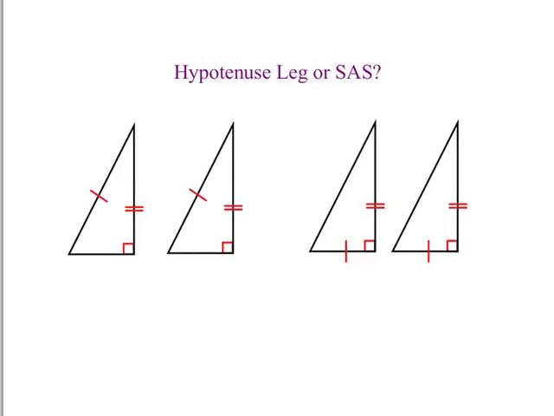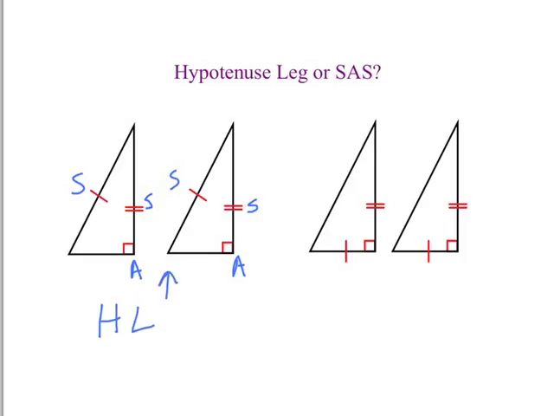Using HL can be a bit confusing. So for example, here we have two HL or potentially SAS proofs. In the first example, we've got our angle, and then the two sides indicate that the angle is not included. In other words, it's not in between the two sides. And so this would indeed be an HL proof.